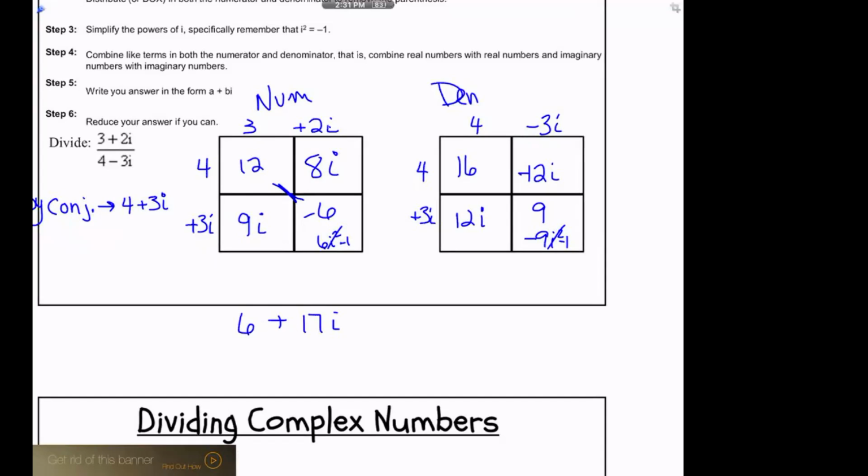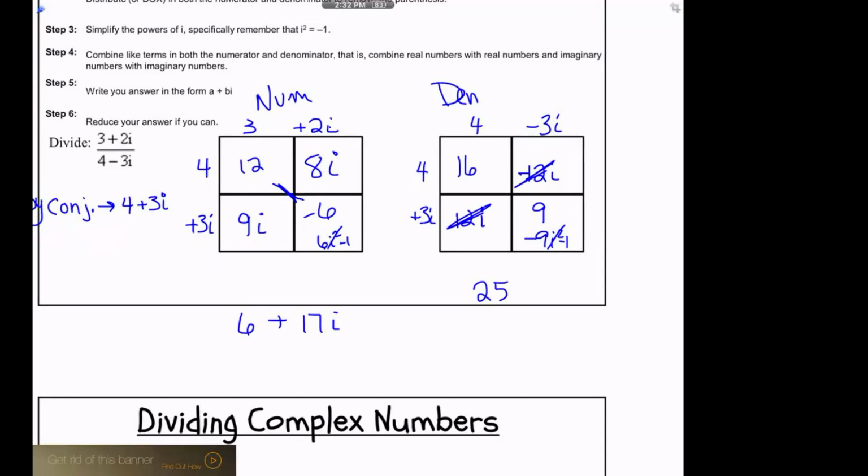For my denominator, I'm going to complete the same process. 16 plus 9 is 25. And then when I combine the -12i and the +12i, those are going to cancel.